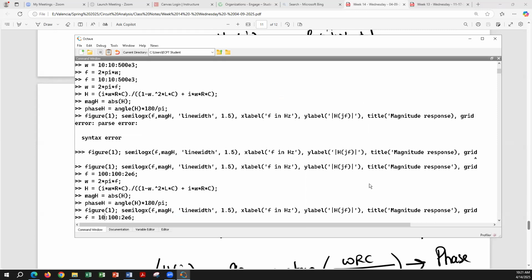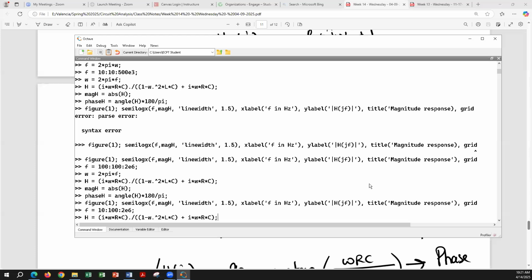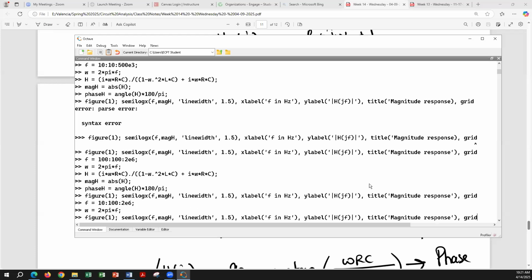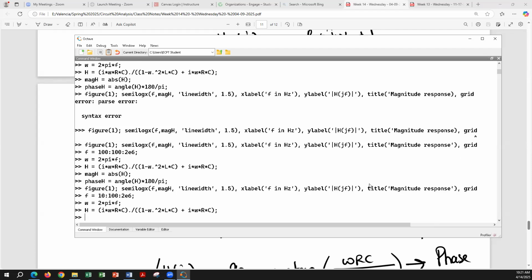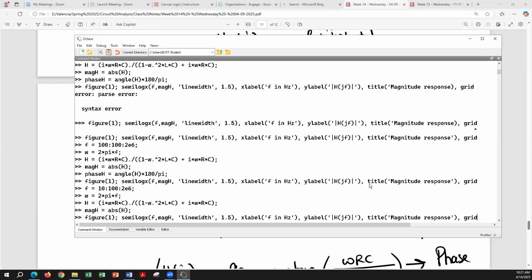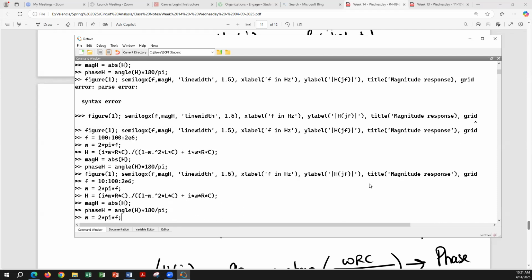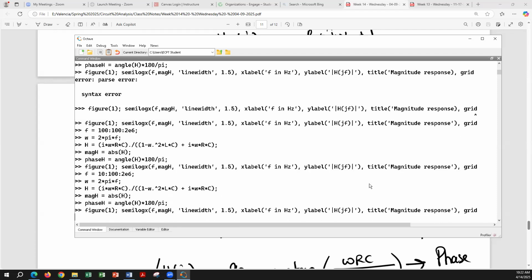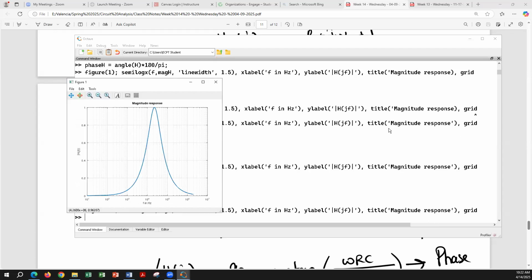And again, if you want to go further, you can go to 10 megahertz so that it will be centered and stuff.